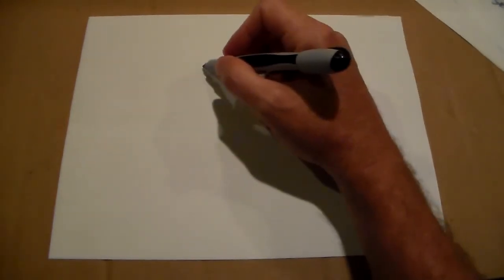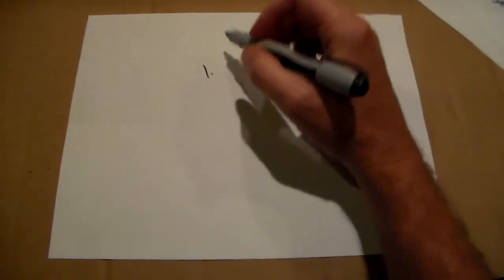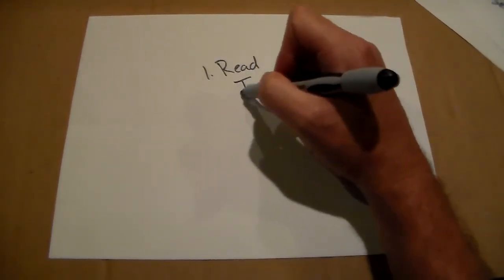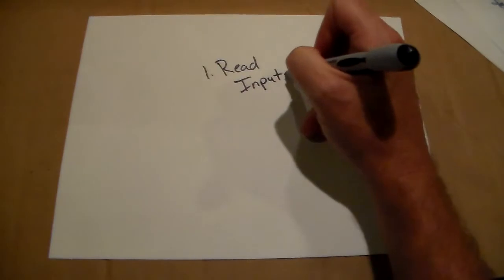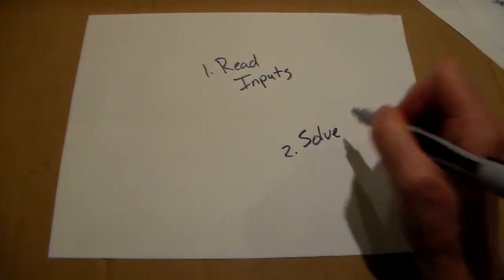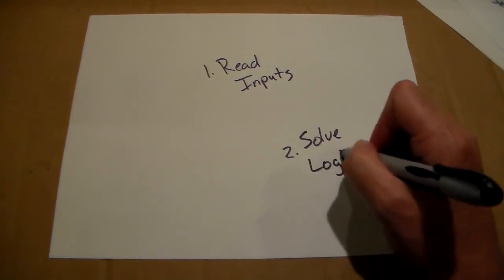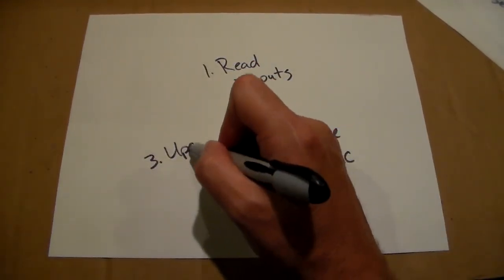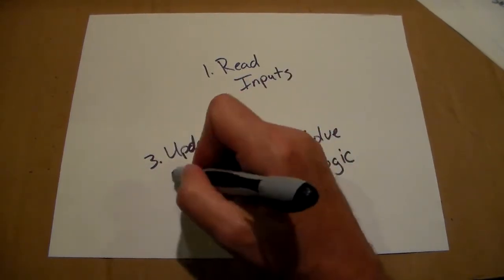Alright, so now that we know a little bit more about the PLC, let's talk about what the processor does. I'm going to break it down to 3 things. One is read inputs. 2 is solve logic. 3 is update outputs.